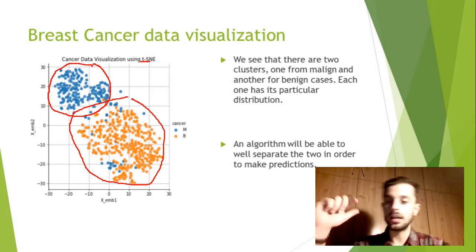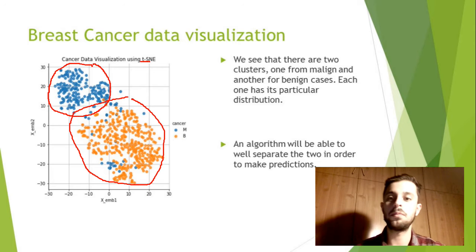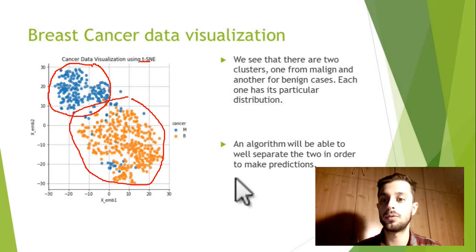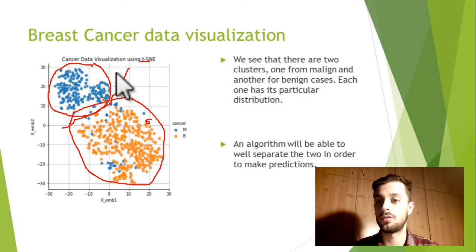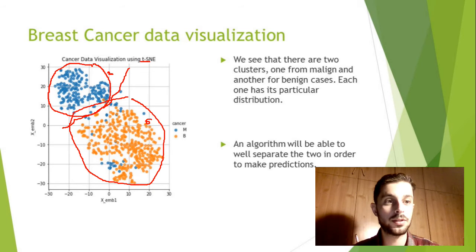Basically, an algorithm will take that input and those labels and try to make a frontier here. So for a given point with an unknown label, here it will predict benign, and for another point here it will predict malignant.